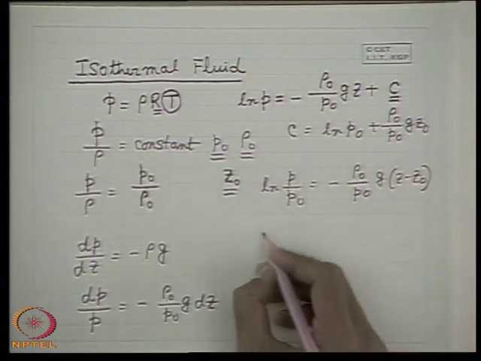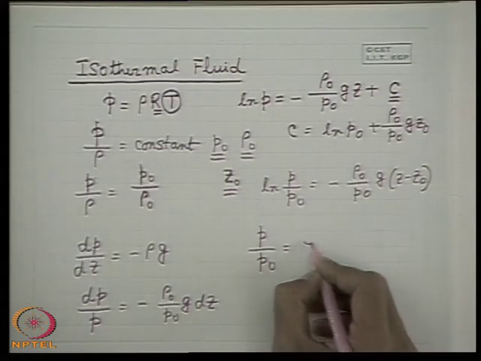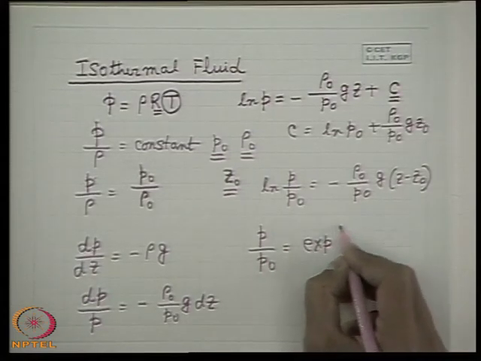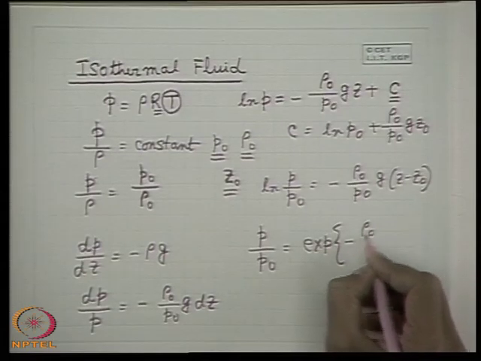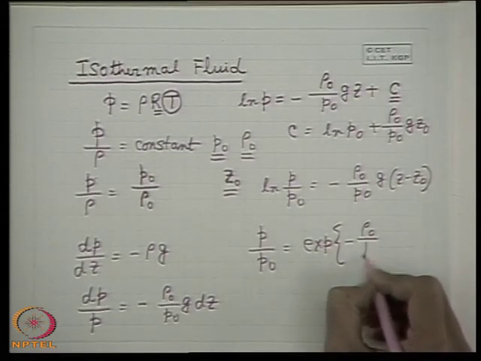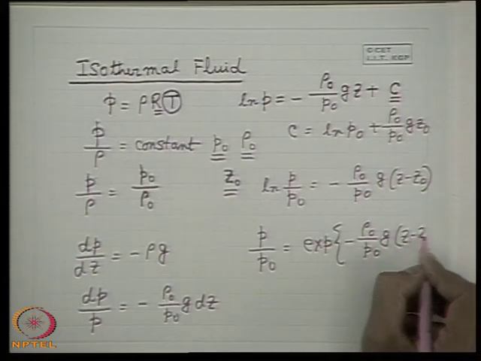This is the simple expression, or you can write it in terms of the exponential function. Ln means that it is the exponential function of minus rho 0 by P0 g times z minus z0.